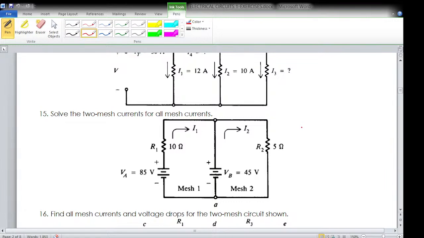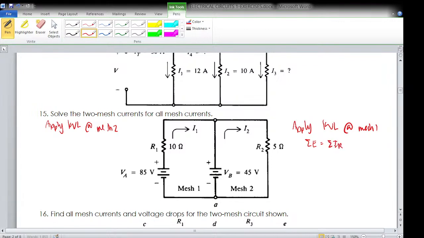All you have to do is apply KVL at mesh 1 and apply KVL at mesh 2. Can you follow? So in mesh 1, what will you do? Just follow the KVL: the sum of the EMF is equal to the sum of your IR.